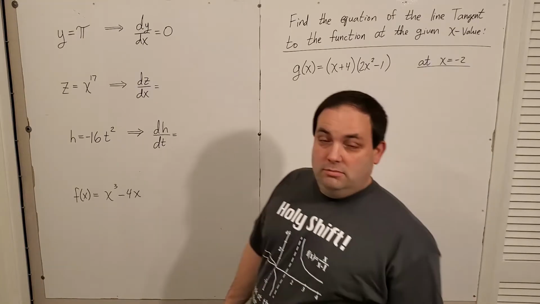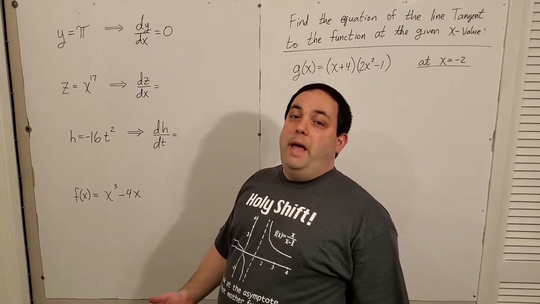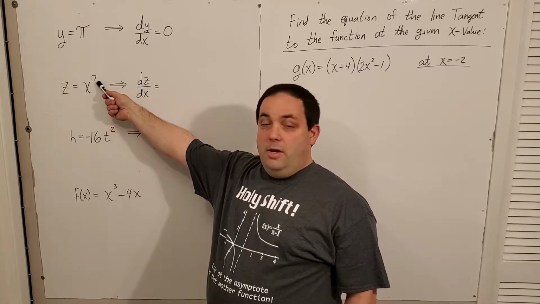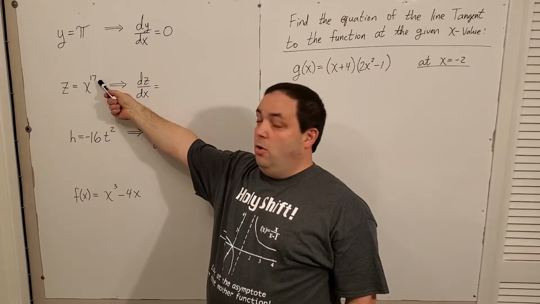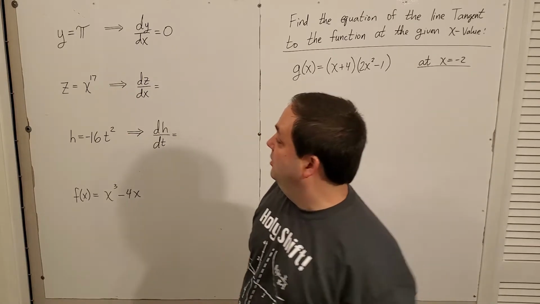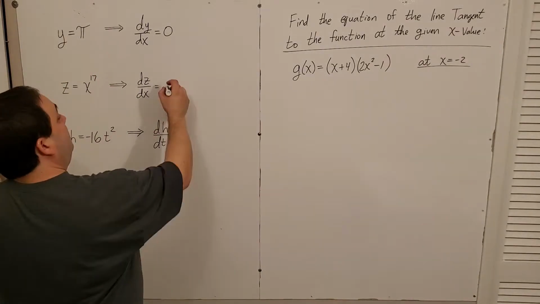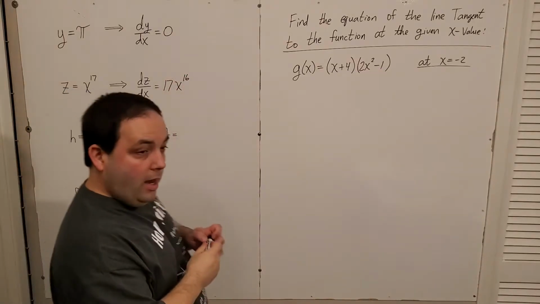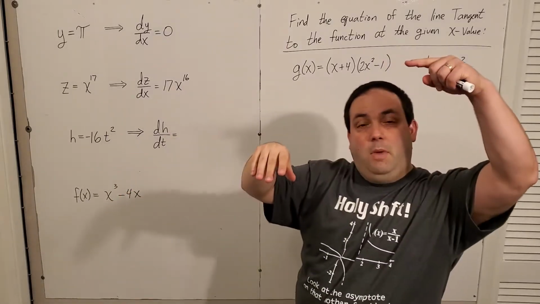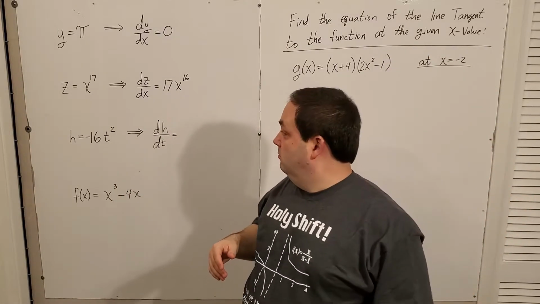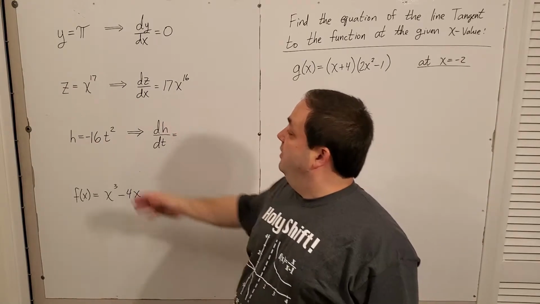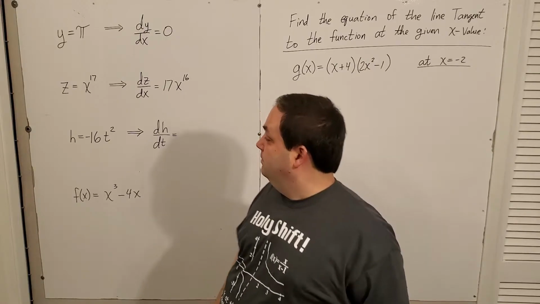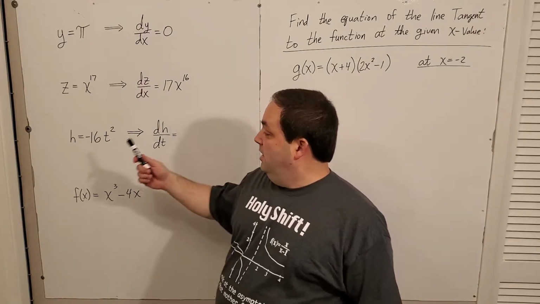However, we have a nice, beautiful power rule. x to some number power, as long as it's a positive whole number, is what we've done so far. So the derivative is 17 times x to the 16. I just drop the n, and n minus 1 is the new power. So there's my derivative of x to the 17th. That's simple, just boom.